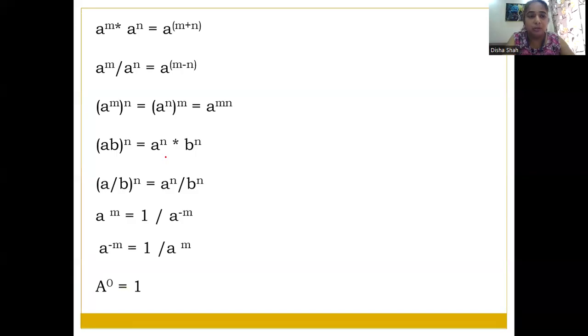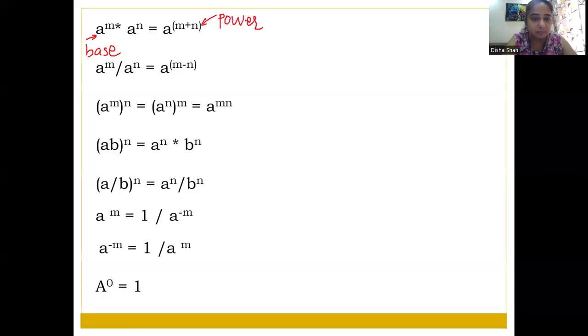So let's understand, before we start with the topic logarithm, the properties of exponent first. So if it is written a raised to m into a raised to n, that can be written as a raised to m plus n. This is called the base and this is the power, correct?